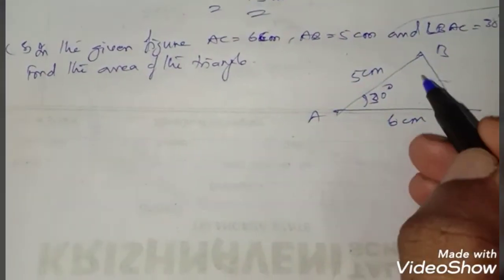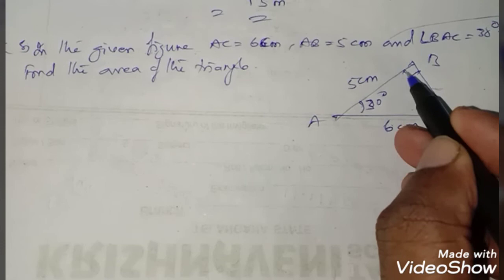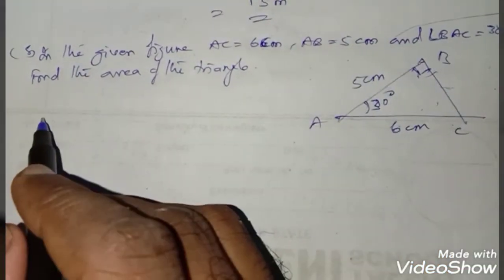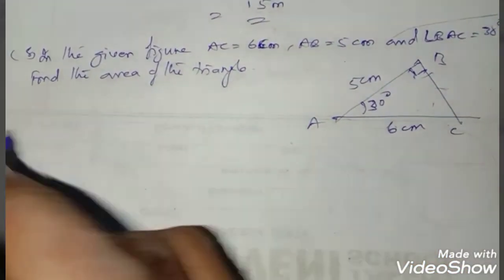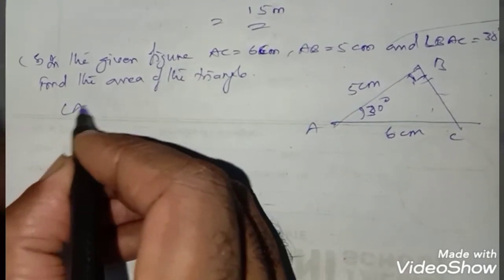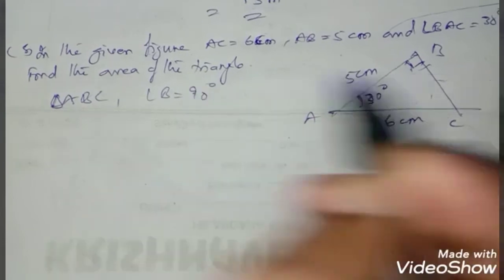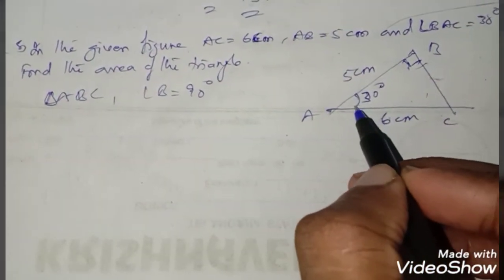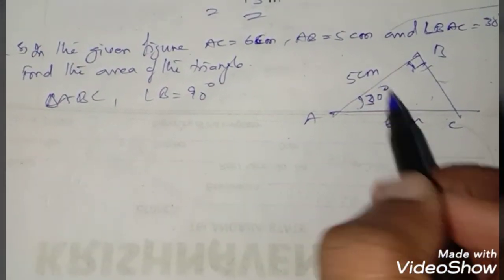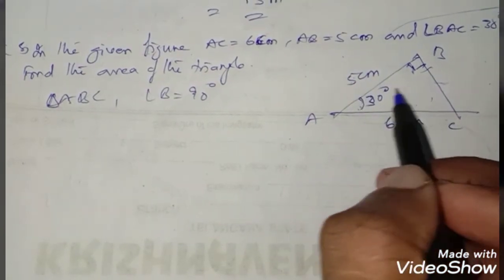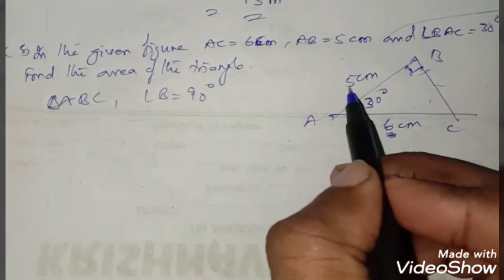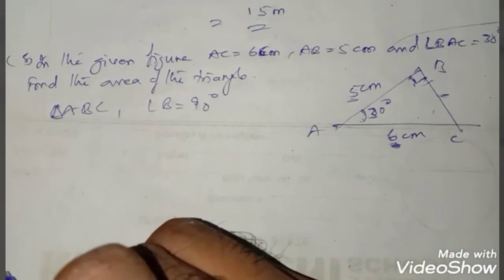Suppose this is a right angle triangle. Right. Right angle triangle means in triangle ABC, angle B is equal to 90 degrees. So this is the angle, this is the hypotenuse, this is your adjacent and this is your opposite.